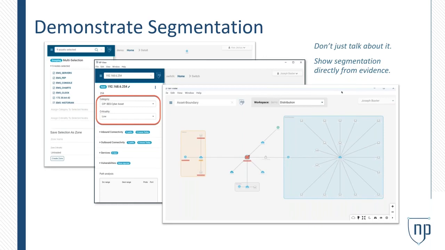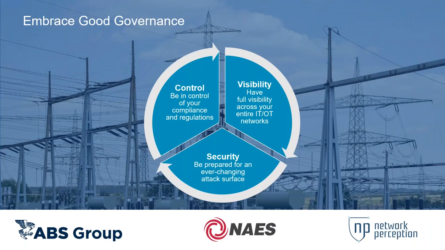But again, you have to be able to demonstrate, show, this is how we control and protect our networks. These are the mechanisms that are in place to ensure that we have proper segmentation and that we're measuring and monitoring at the appropriate places.